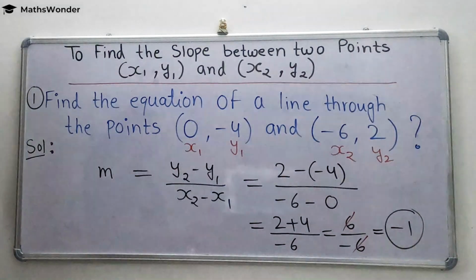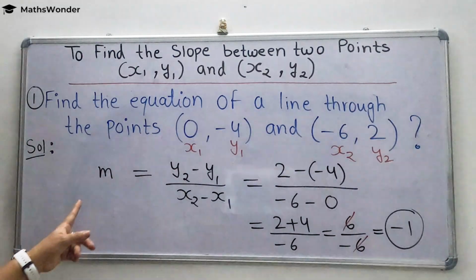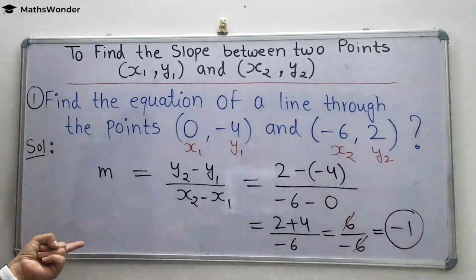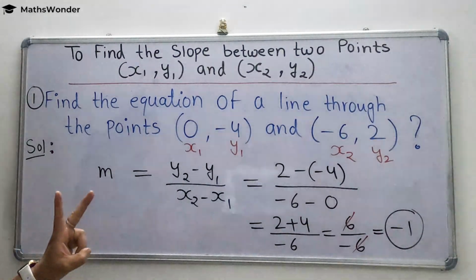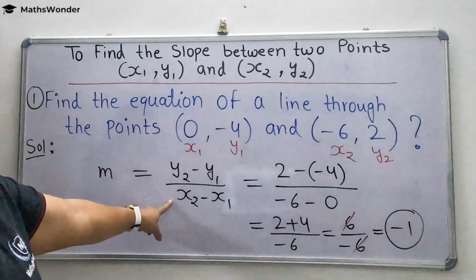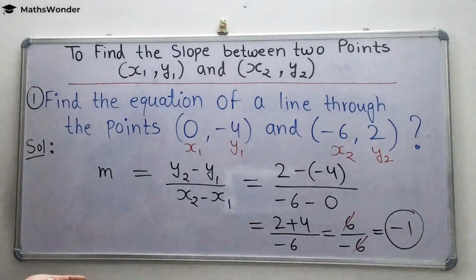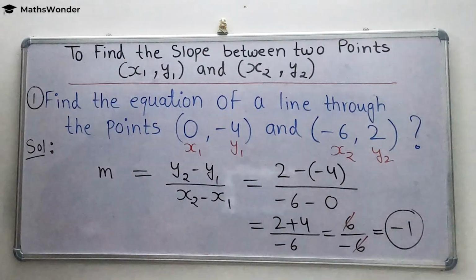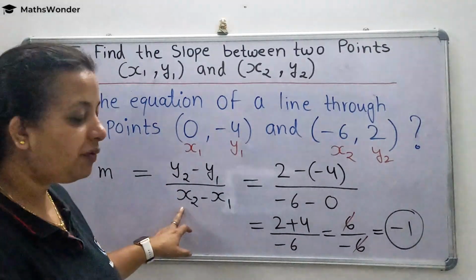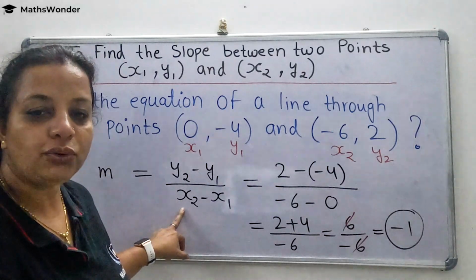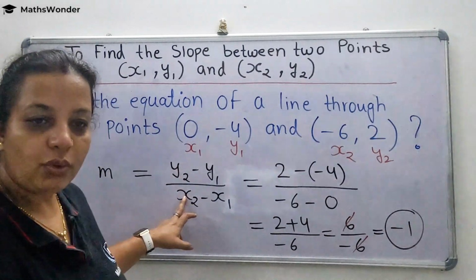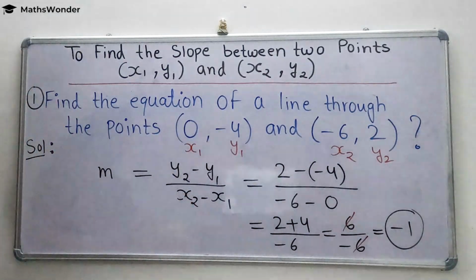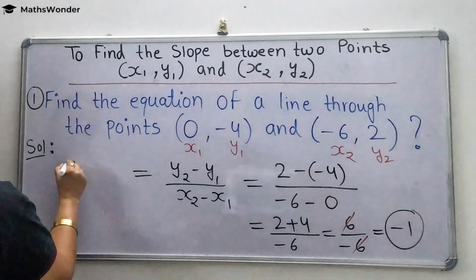Since y2 minus y1 is the difference between the y coordinates of the two points, and x2 minus x1 is the difference between the x coordinates of the two points, we often say that the slope is the change in y over the change in x.